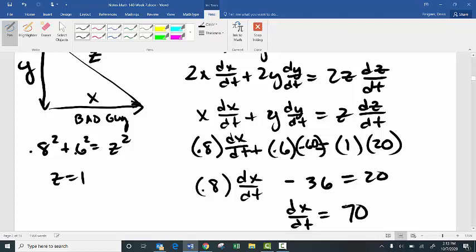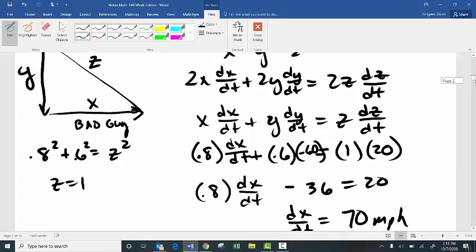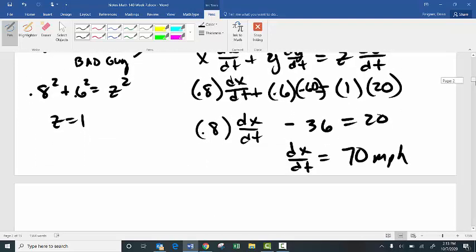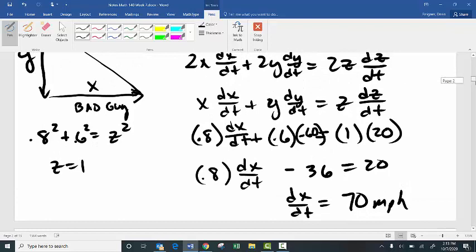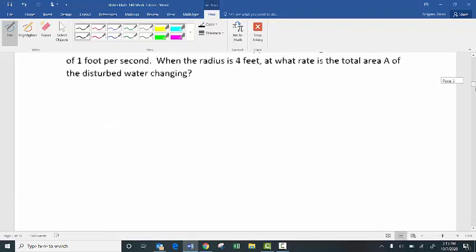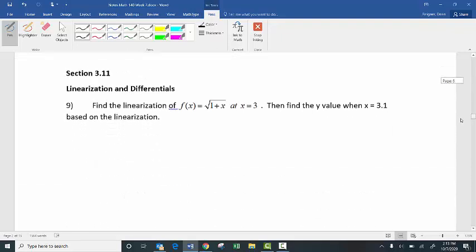So the speed of the car is 70, and it's probably miles per hour. Let's look. So the speed of the car is going faster, and that makes sense because the bad guy is gaining on the cops. He's gaining on the cops. Okay. All right. So that completes those related rates problems.